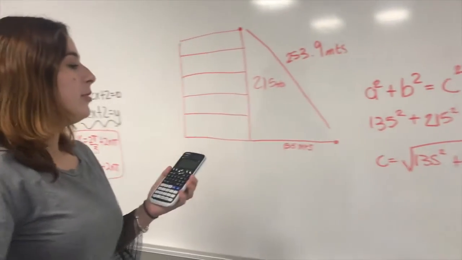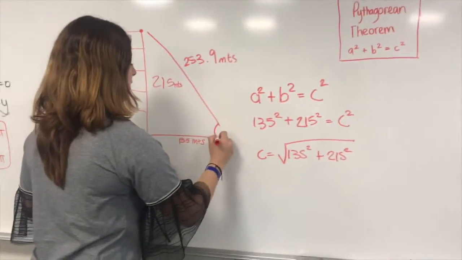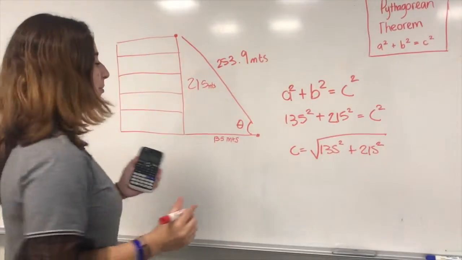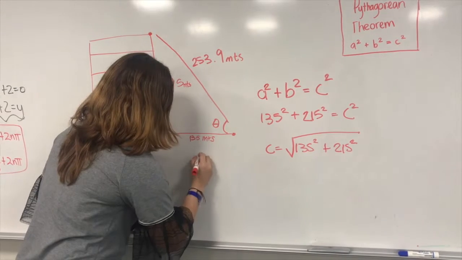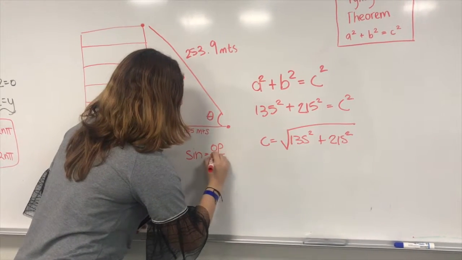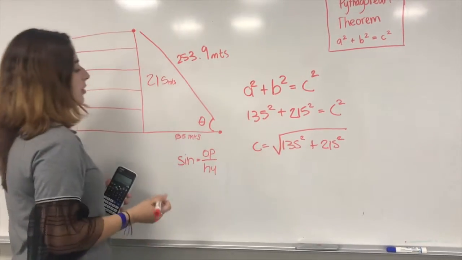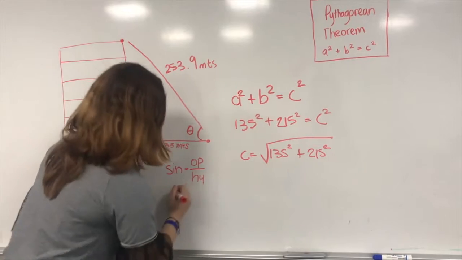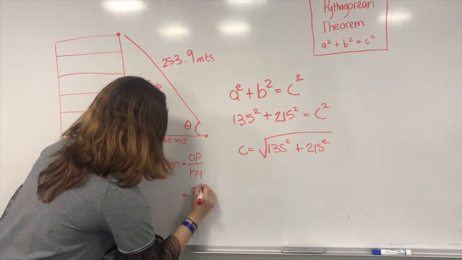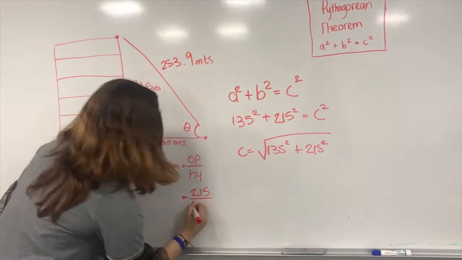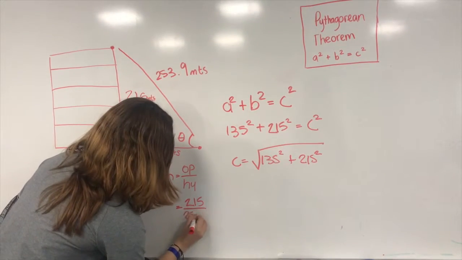So now we have to find our angle of elevation. For that, we use the sine, which is opposite over hypotenuse. So our opposite side is going to be 215 and our hypotenuse 253.9.